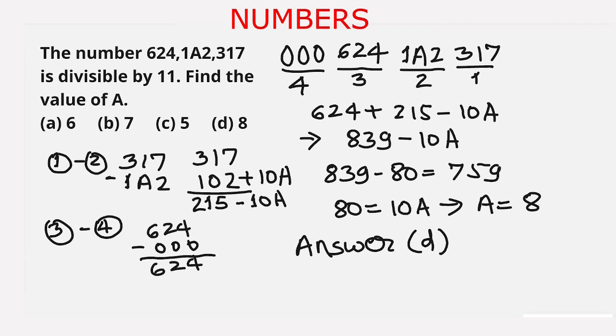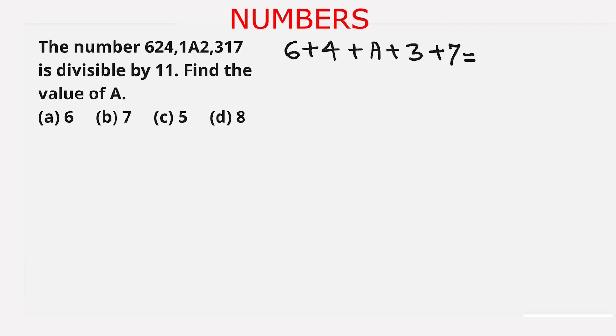We can solve this question by an alternate method, taking the sum of the digits at even places and the sum of the digits at odd places and taking their difference. So I will show you how to solve by that alternate method. We take the sum of the digits at odd places starting from the left, and those digits are 6 plus 4 plus A plus 3 plus 7. 6 plus 4 is 10, plus 3 is 13, plus 7 is 20.